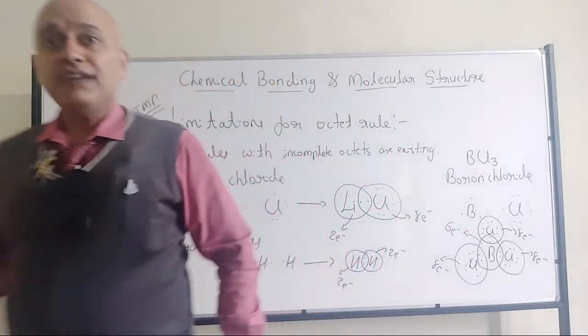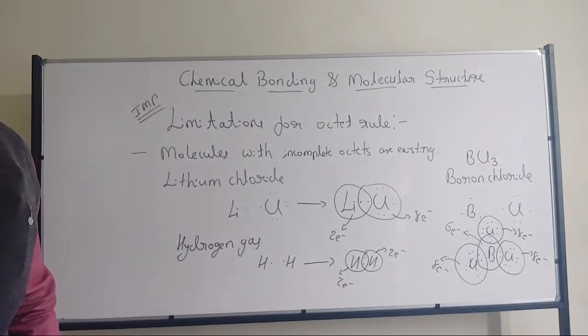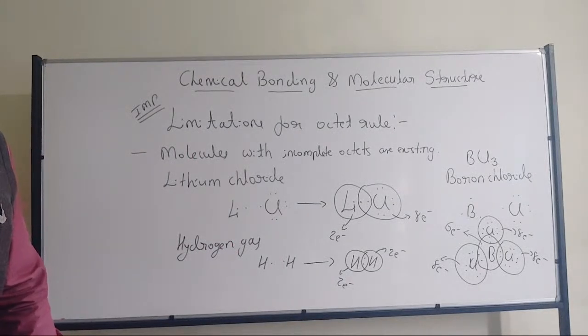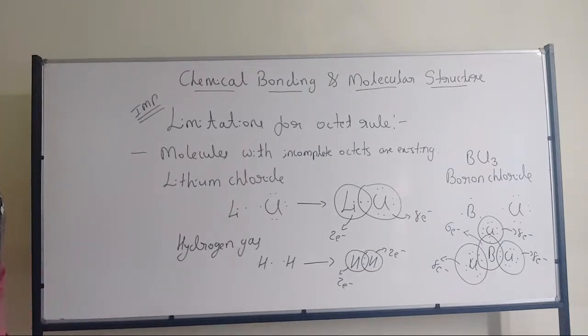So boron is having only 6 electrons, not even going with the duplet rule. But BCl3 is also a stable molecule. It is existing in nature. All of you have understood? Even this molecule exists in nature.